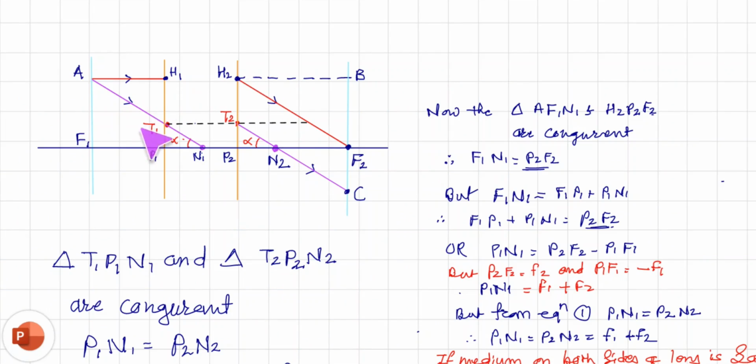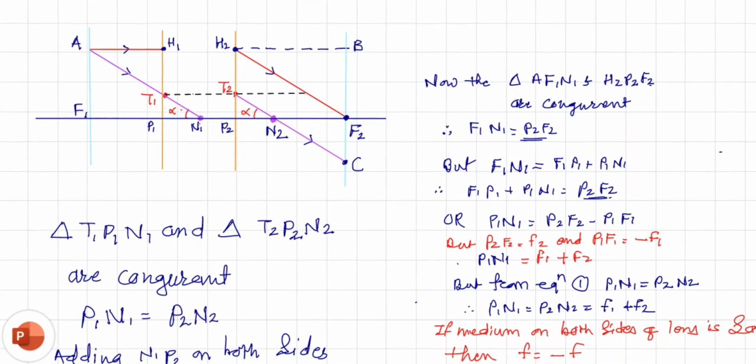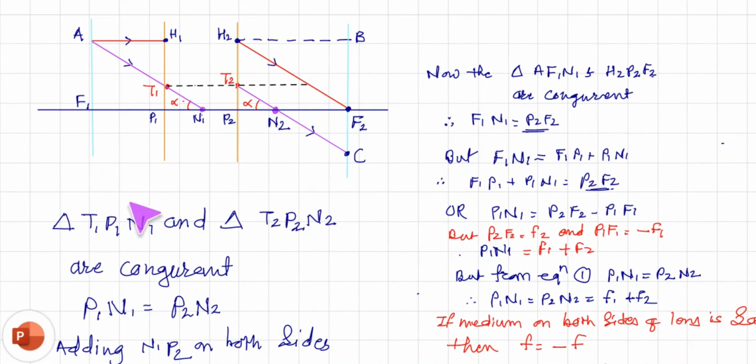Now from the figure we already saw, triangle T1 P1 N1 and triangle T2 P2 N2 are congruent, they are the same. So obviously the distance P1 N1 is equal to P2 N2.